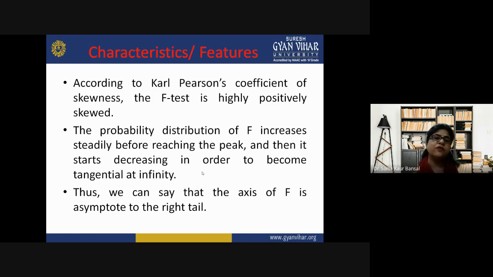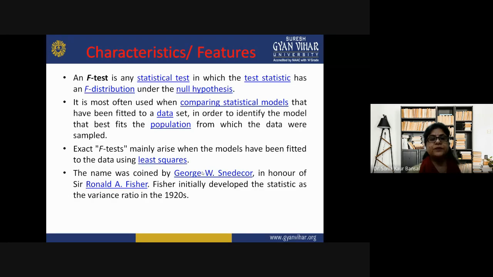Thus, we can say that the axis of F is asymptotic on the right tail. So we get the right tail at the last, where it is decreasing. So it is positively skewed in that manner.